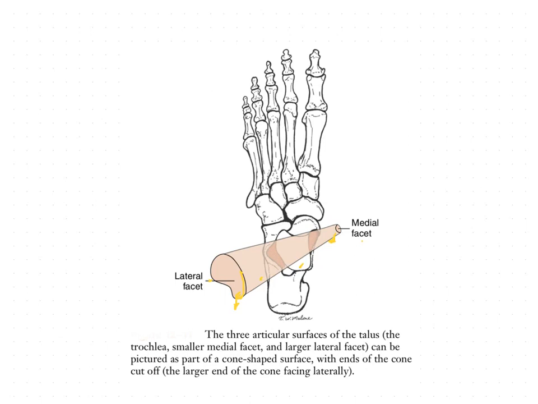Also, ankle dorsiflexion and plantar flexion movements are limited primarily by soft tissue restrictions, and active or passive tension in the triceps surae, that is the gastrocnemius and soleus muscles, is the primary limitation for dorsiflexion.